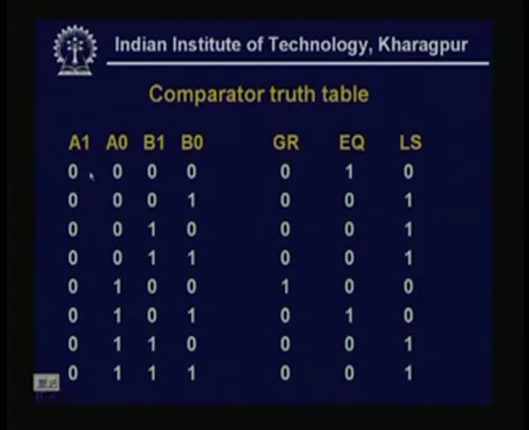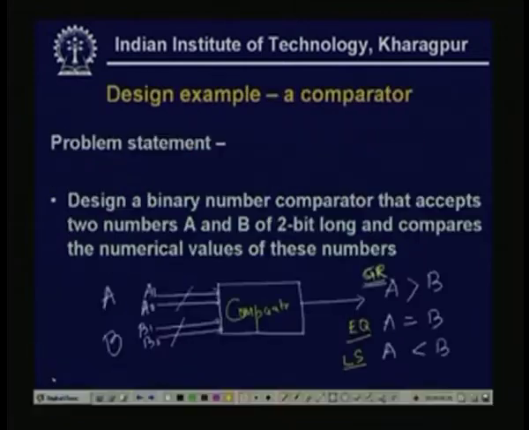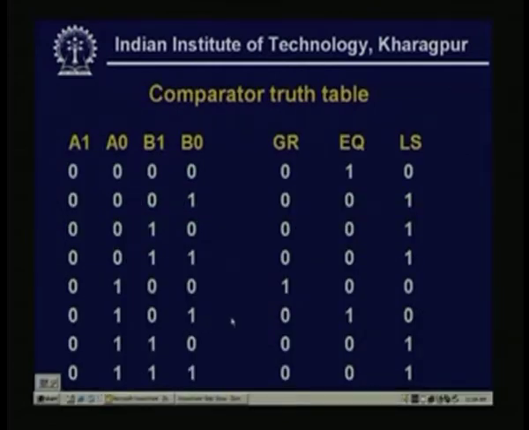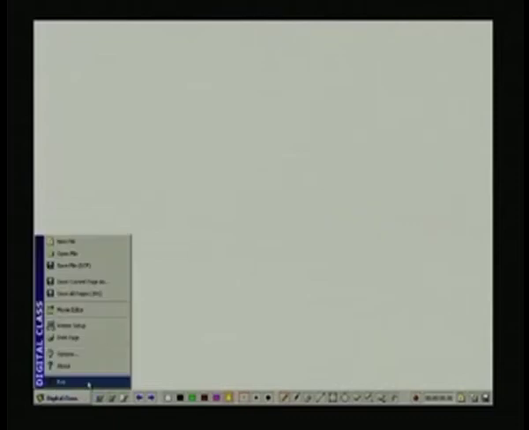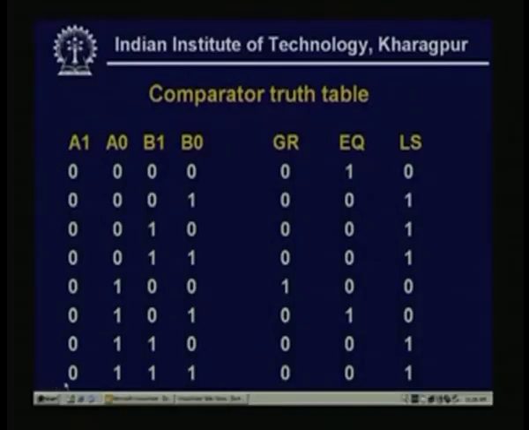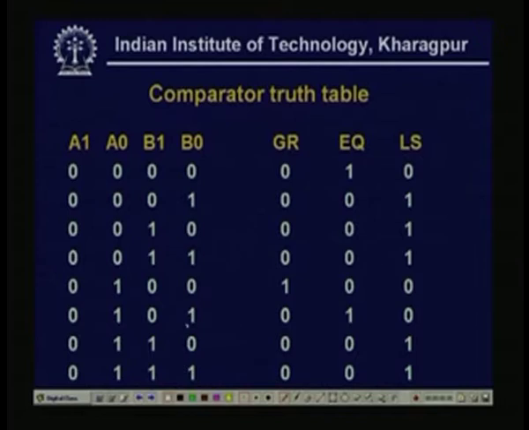See that we have defined two inputs, this is one of the inputs A, this is another input B, both have 2 bits.